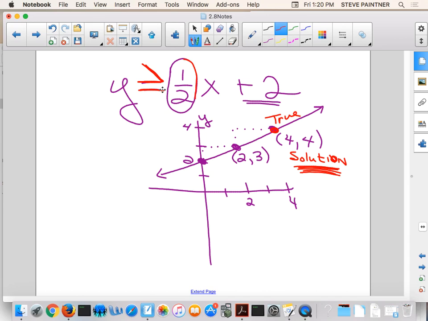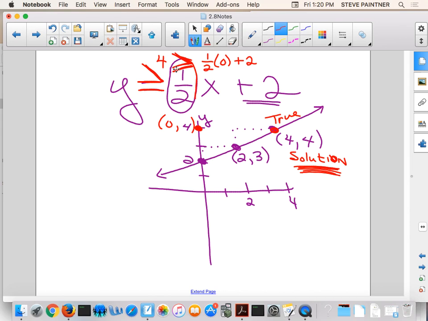Should we try a point? Okay, let's go above the line. How about this one right here? What's this point right here? 0, 4. So you put 0 in, right? Half of 0 plus 2. And what would you put in for y? I'll put a 4 here. Is this true?